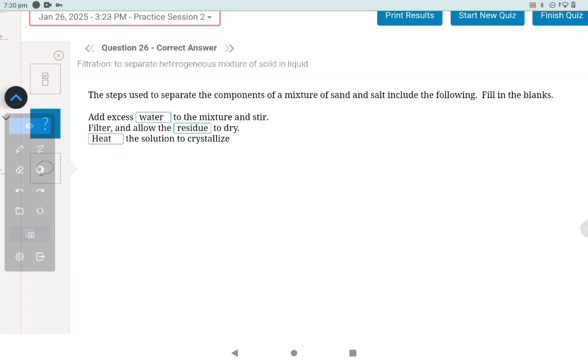Now we need to filter out the sand. So filter and allow the residue to dry. The residue is the sand, what remains is the residue. Now we have the salt water. We need to separate the salt and the water. We just need the salt, so we heat the solution to crystallize. The water leaves and then we have the salt, so we have them both separated.